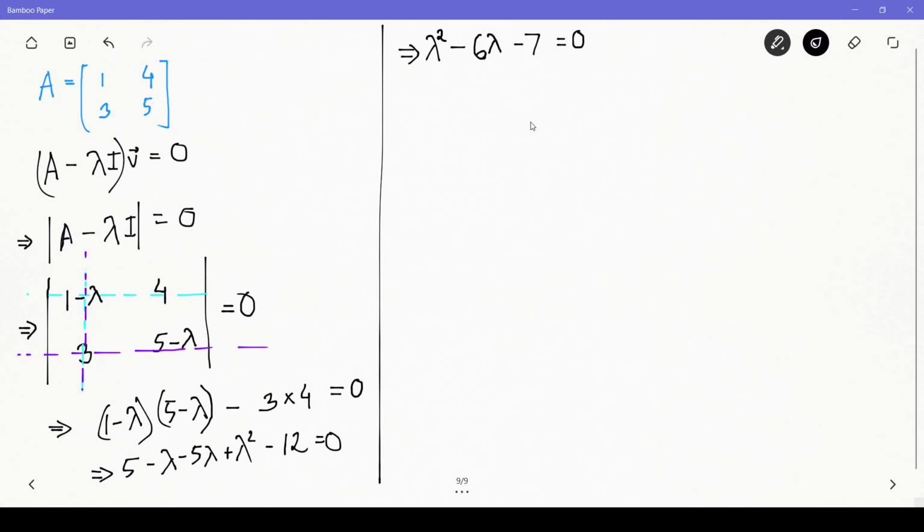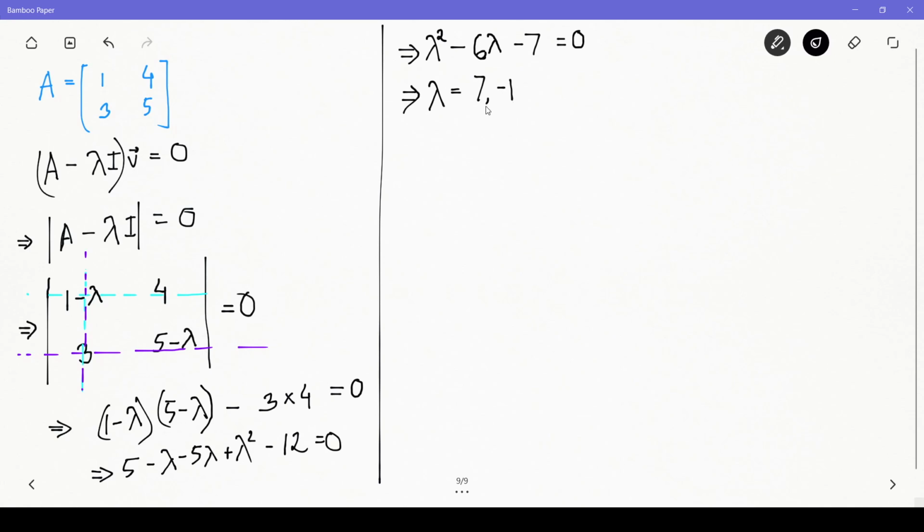Okay. Now let me use my calculator and find out the roots of this quadratic equation. Okay, the roots are lambda equal to 7 and minus 1.